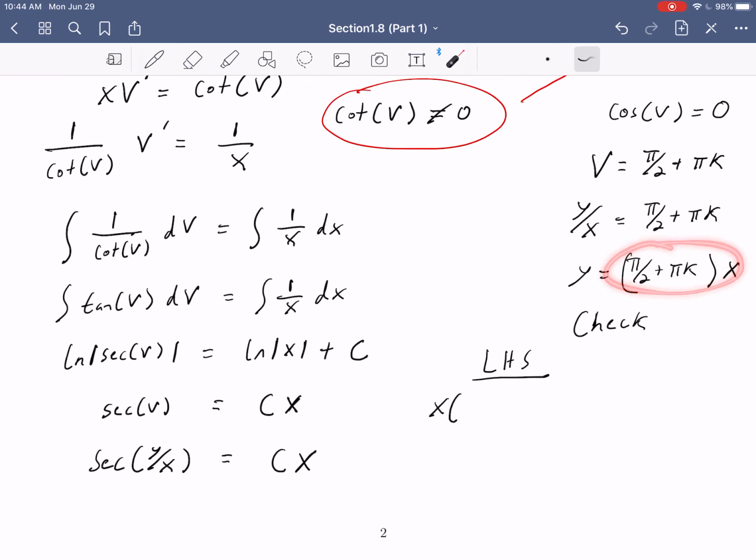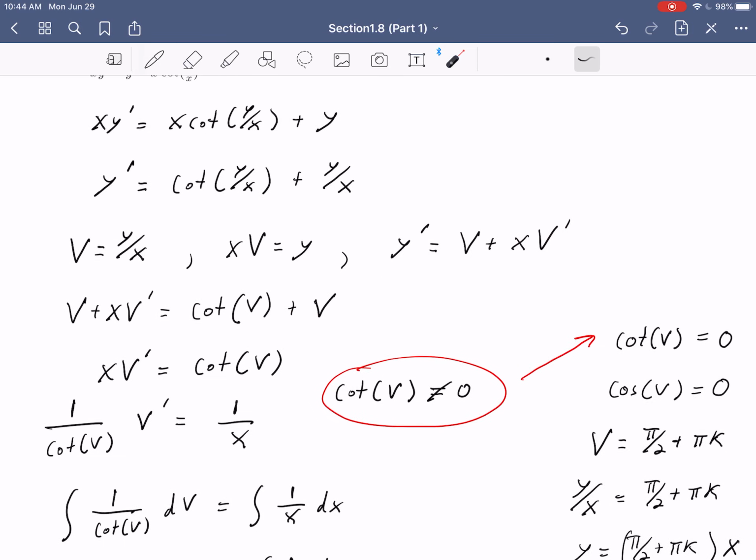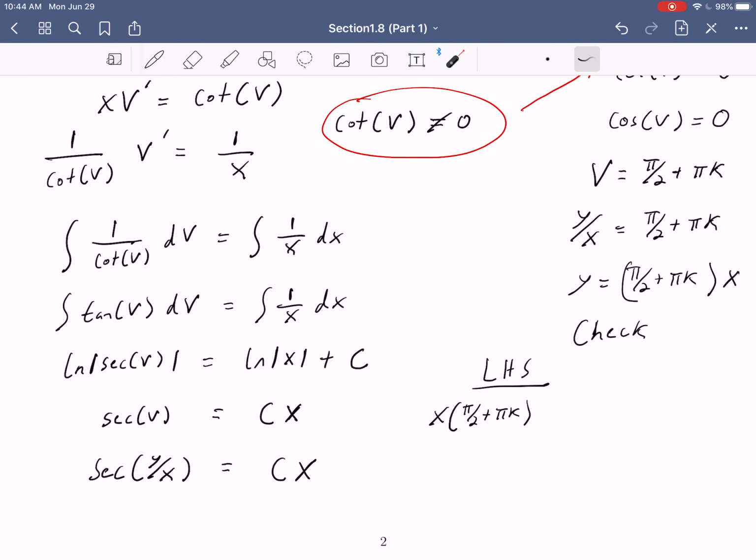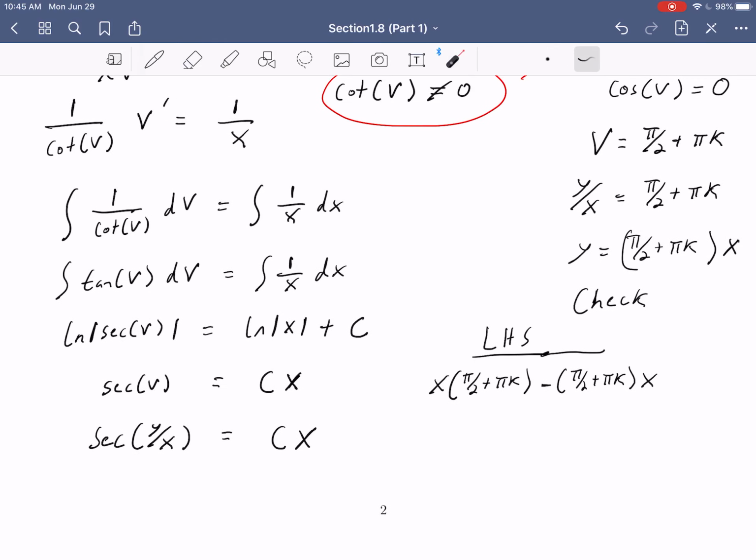Y prime here would be pi over 2 plus pi k, because the derivative of this is just going to be pi over 2 plus pi k. And then we'd be subtracting y, which would be pi over 2 plus pi k times x. And if we look there, those two things are going to cancel, so that left-hand side is going to be 0 there.